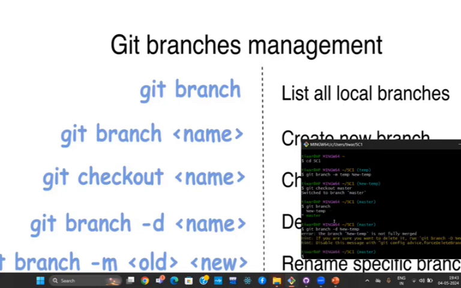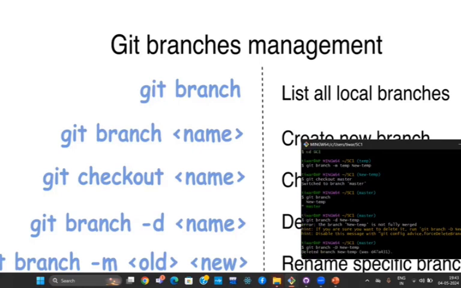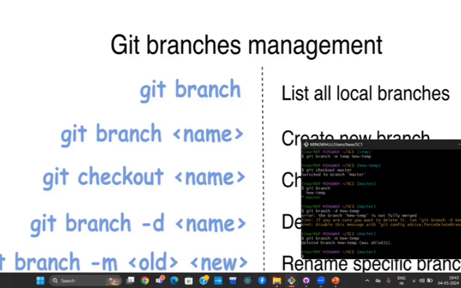The hint error says the branch new temp is fully merged. If this message is shown, then you don't use this format, you use the force delete format. Sometimes the branch is fully merged.